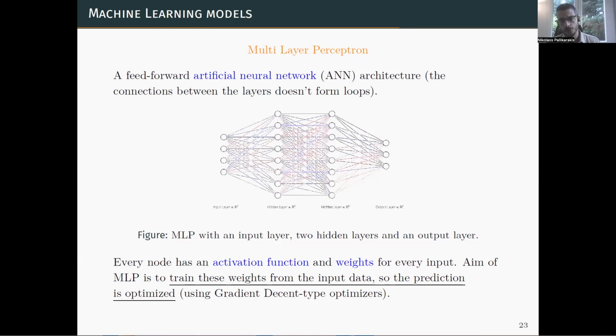So the information goes from the input and propagates through to the output. And these circles in each layer are the nodes of each layer, and each node has an activation function, which is a nonlinear function, and weights assigned for every input. And the aim of the neural network is to train these weights from the input data, so the prediction is optimized. And this is usually done with gradient optimizers. And the weights are chosen so that the mean square error, the loss function, is minimized.